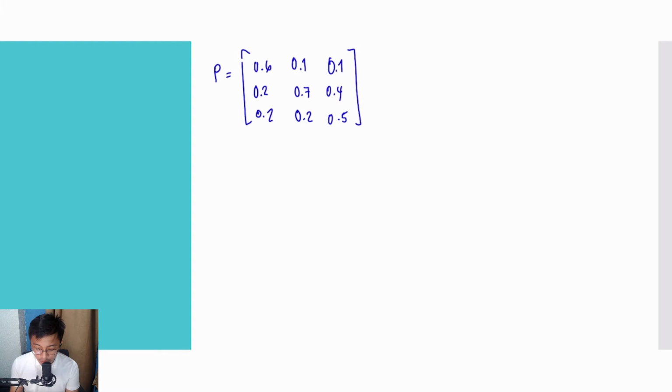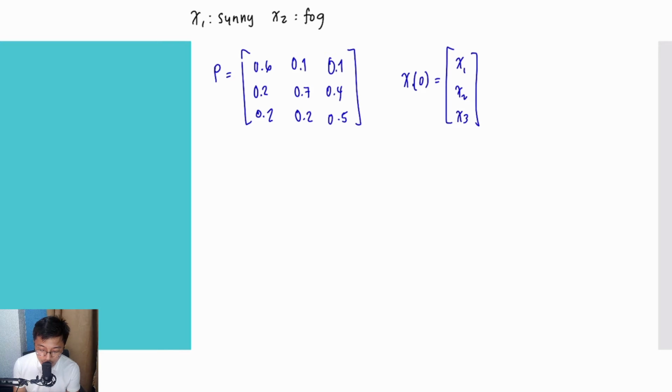Okay, so according to the problem, today is sunny. So what will be the initial state vector if today is sunny? We can just write it as x sub 1, x sub 2, x sub 3. And we say that x sub 1 is the variable for the sunny day, x sub 2 for the foggy, and x sub 3 for the rainy.